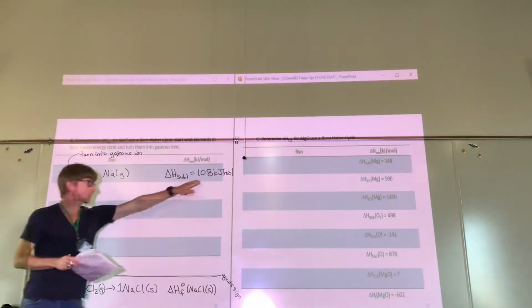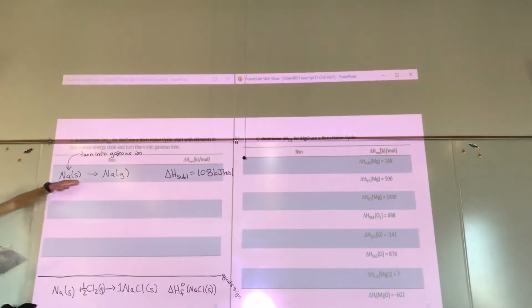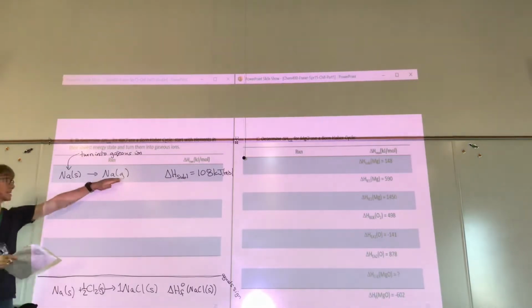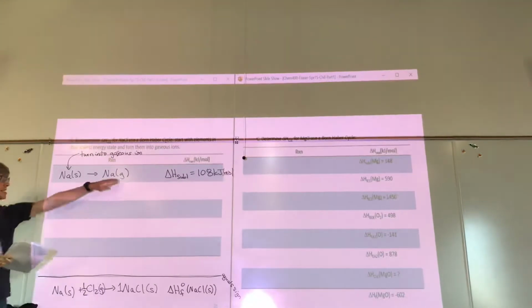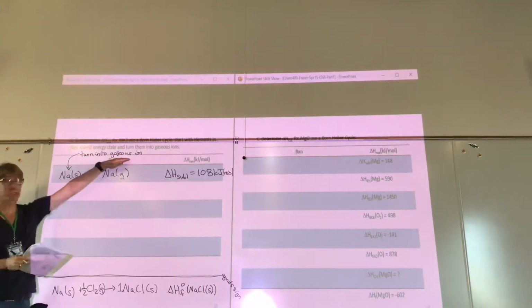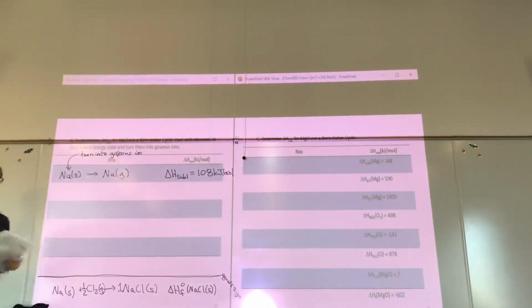As you turn a solid into a gas, that is always an endothermic process, and as an endothermic process, it will always take energy to do that. Now once I turn it into a gas, then I will turn it into an ion, a gaseous ion.